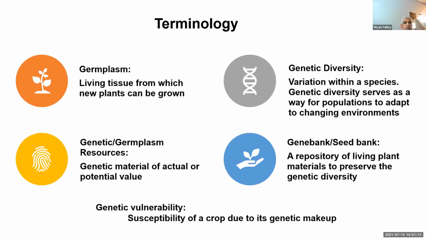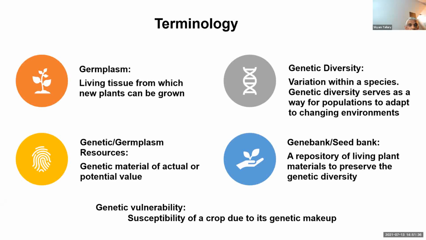So any living tissue from which you can grow a plant is germplasm. The next term is genetic or germplasm resources, which means any genetic material of actual or potential value. For example, an accession of peanut could be resistant to a particular disease. That's the potential value.